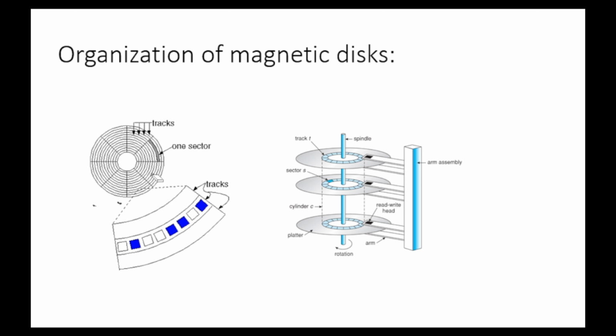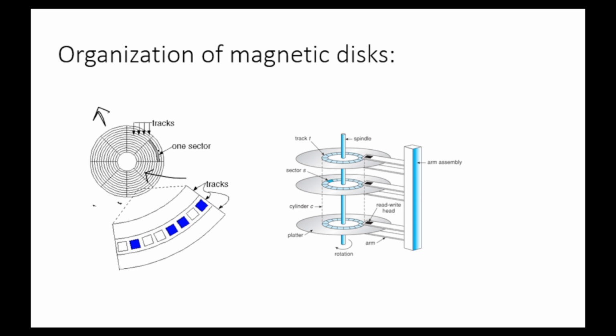The tracks are numbered consecutively from outermost to innermost, starting from 0. The number of tracks varies greatly, with low capacity disks having as few as 40 tracks only, and high capacity disks having several thousand tracks.